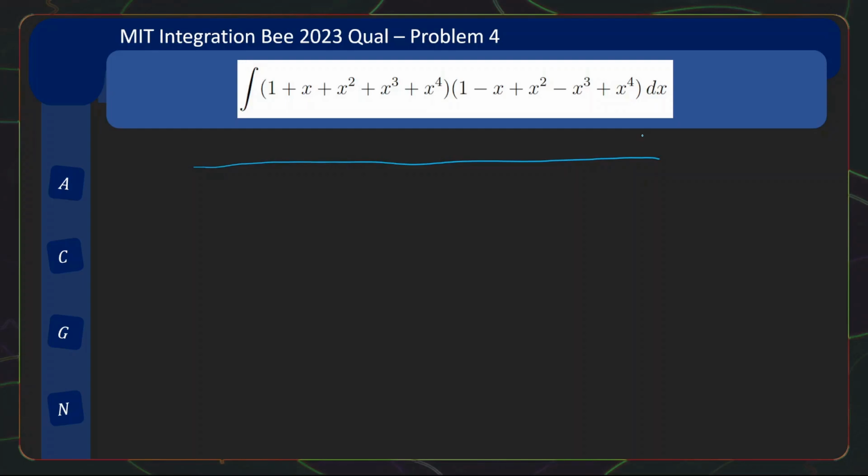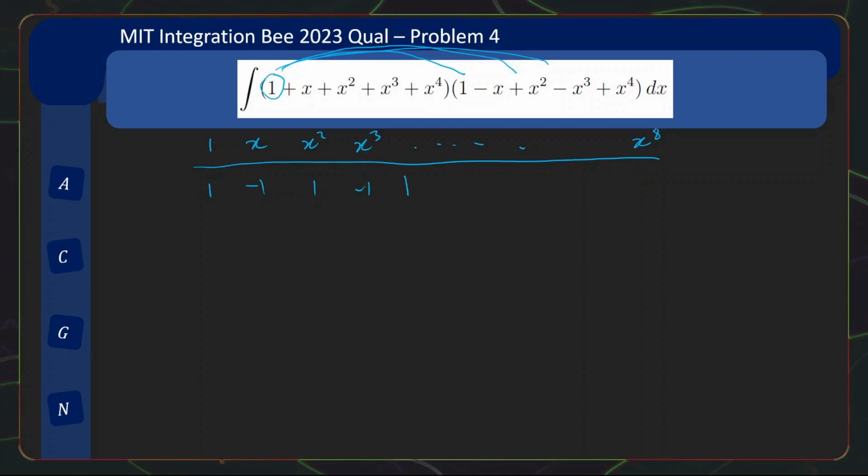So if we have a table to keep track of the different terms in the expanded form, you realize that if we take the first term 1 and distribute it across the various terms in the second bracket, then you will have coefficients 1, minus 1, 1, minus 1, 1 being contributed here.